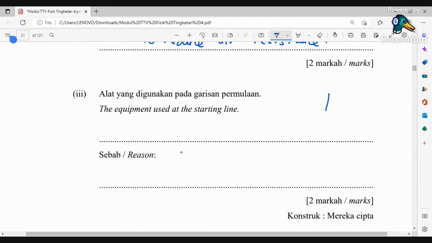Yang macam ni. Okay, jadi mereka akan letak kaki kat sini kan. Ini dia ada spring dalam ni. Okay, so ini kita guna sebagai release port.